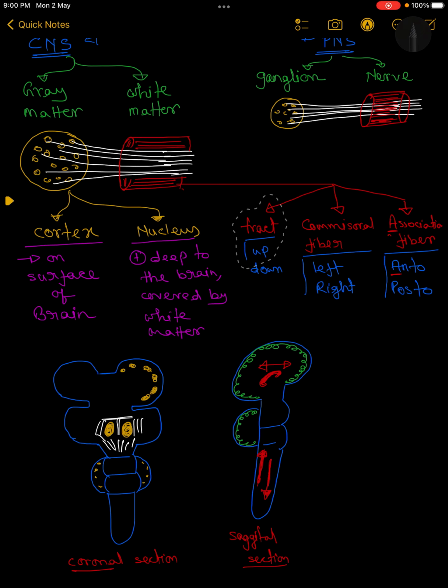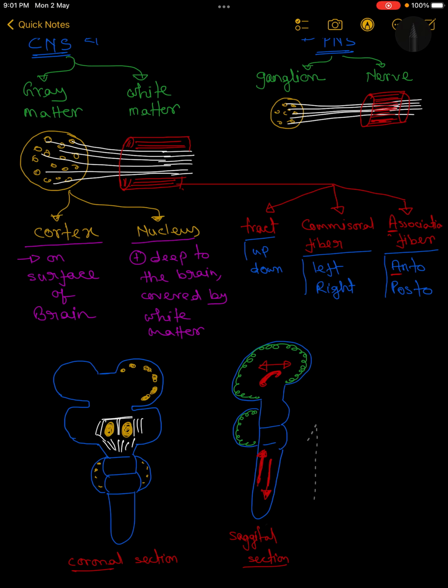Now focus here. In this diagram, in this sagittal section, in the spinal cord region, I show two arrows. One is going up towards the brain and another one is moving away from the brain. This is what is known as a tract.